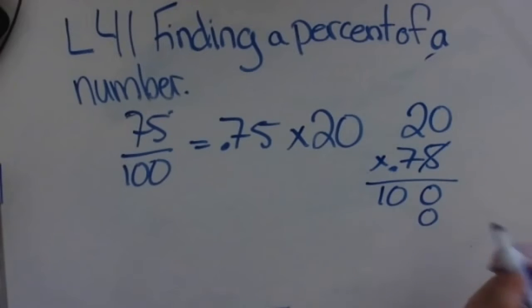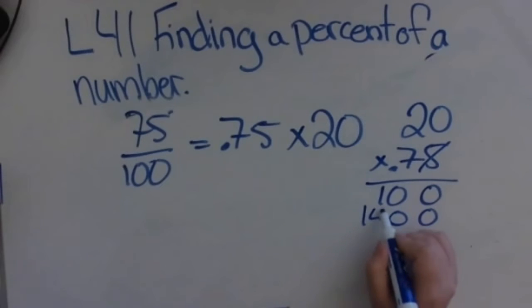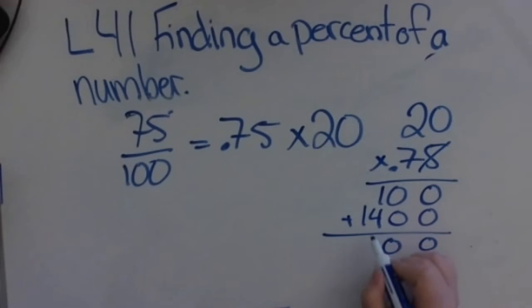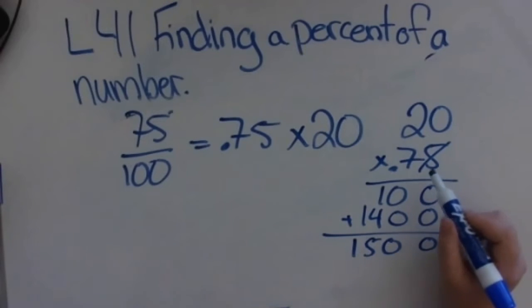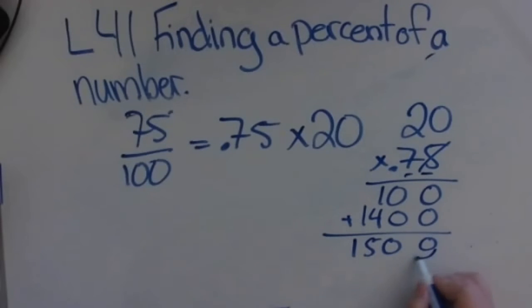Done with that. 0 down the bottom. 7 times 0 is 0. 7 times 2 is 14. Add them together. 0 plus 0, 0 plus 0, 1 plus 4 is 5, and 1. Because it's multiplying, I need to check how many decimal places I have. I have 2 decimal places. So 1, 2. My answer is 15.